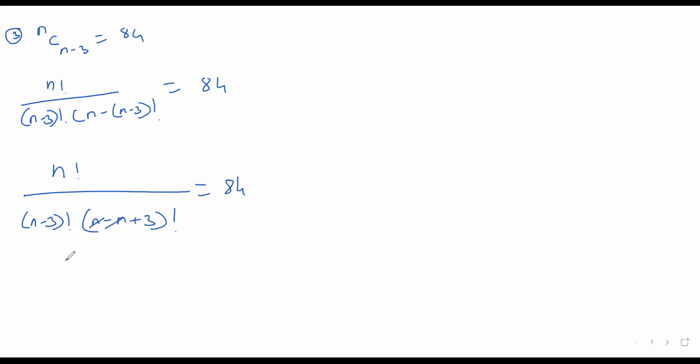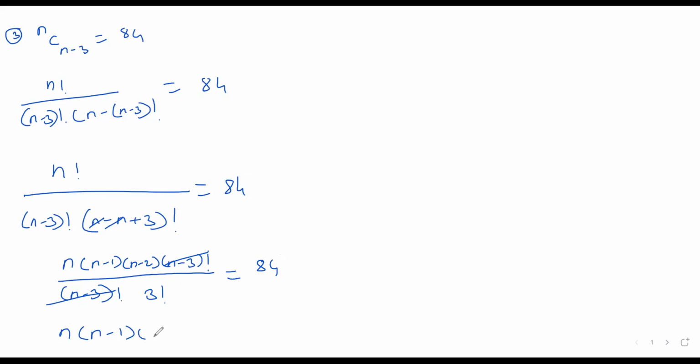This will get cancelled. N factorial can be written as n, n minus 1, n minus 2, n minus 3 factorial upon n minus 3 factorial upon 3 factorial is equals to 84. This will get cancelled. n into n minus 1 into n minus 2 is equals to 84 into 6. 84 into 6 is 504.